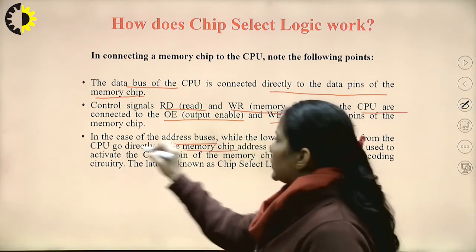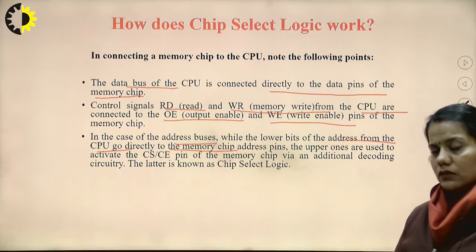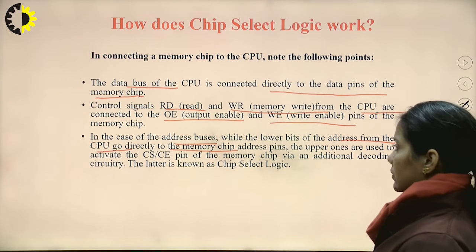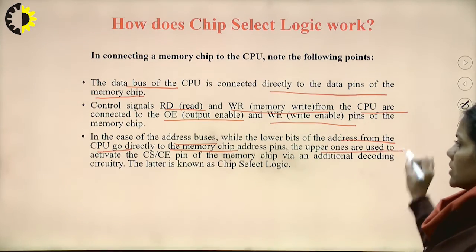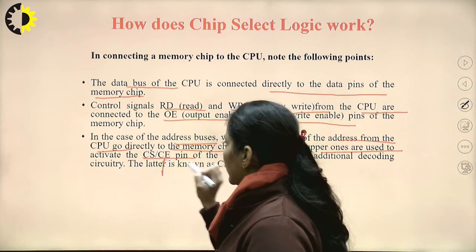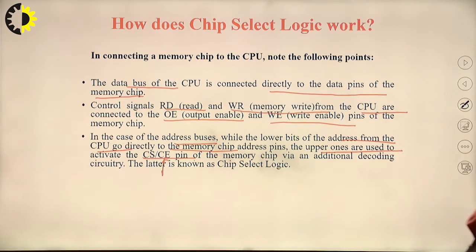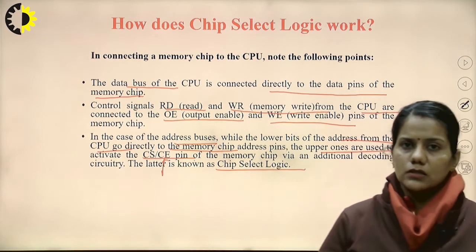So this is simple. The lower order address bus pins are directly connected to the memory chip address pins, but the upper ones are used to activate the chip select, or chip enable pin of the memory chip via additional decoding circuitry, and this is known as the chip select logic, as I have already discussed in the previous slide.